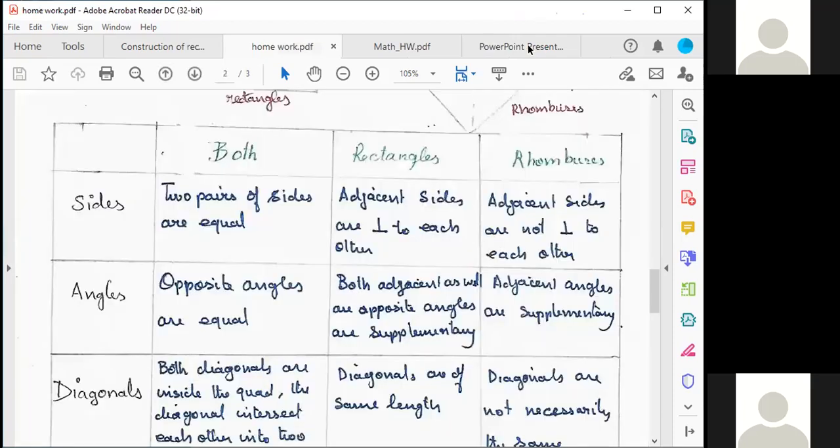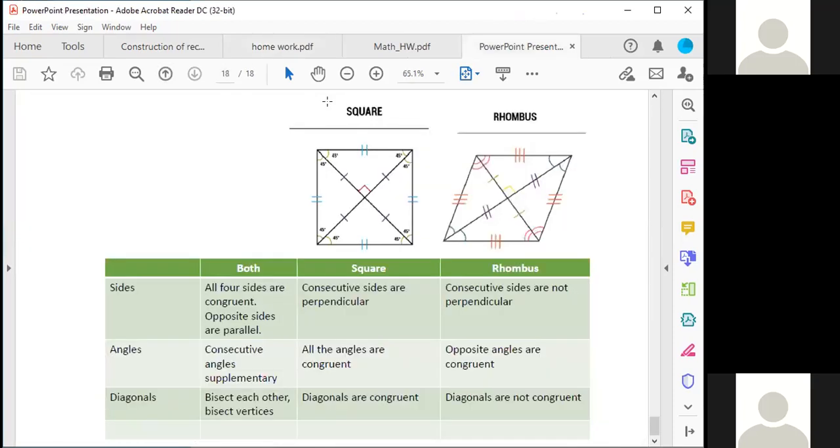Now, this is again another square and rhombus. Four sides are congruent. When you are comparing square and rhombus and talking about whether consecutive sides are perpendicular or not, you are actually commenting about the angle. So why not leave that for the angles row?